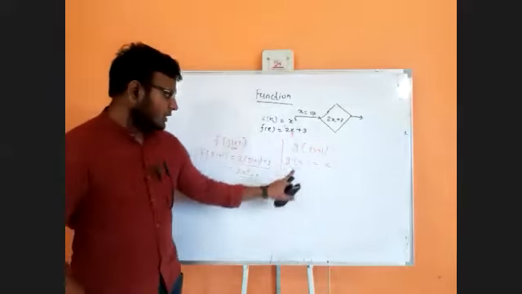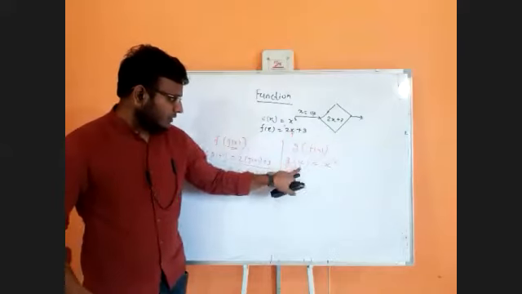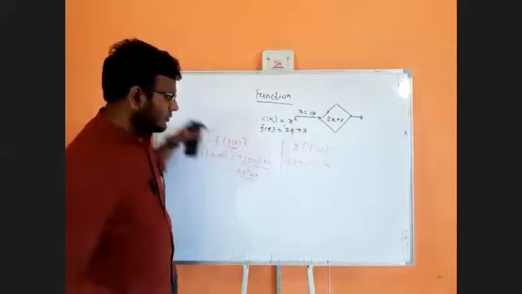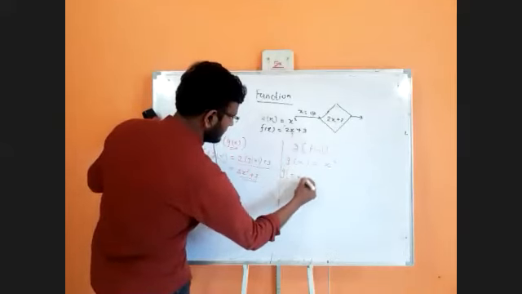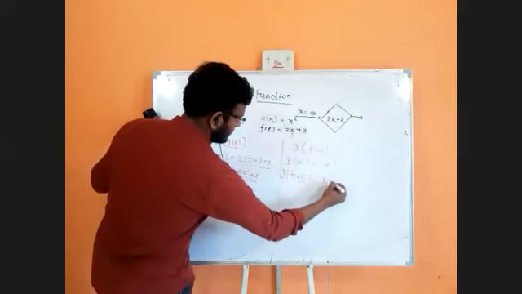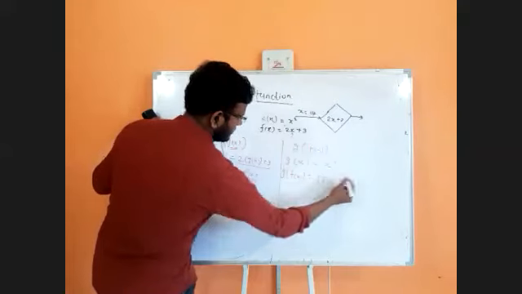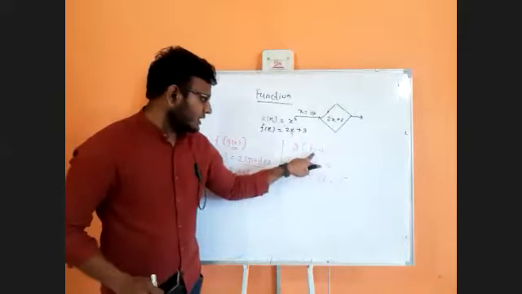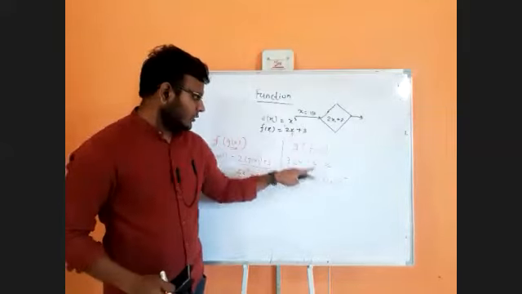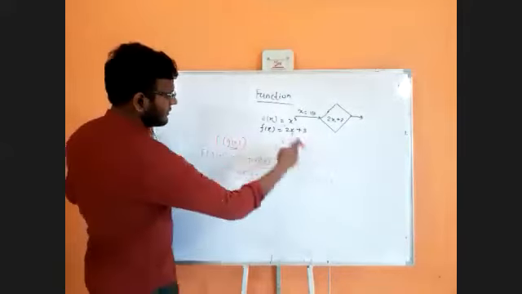Now it is saying g(f(x)), which means inside, f(x) will go, so x will be replaced by f(x). You understood what I did? I just replaced x by f(x), because that's what they are asking me to find. And what is f(x)? f(x) is this.